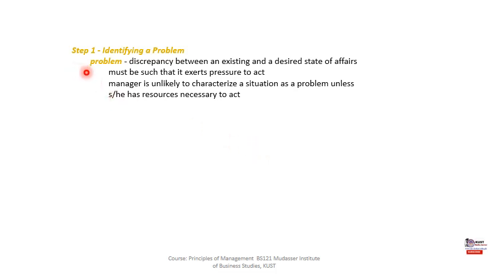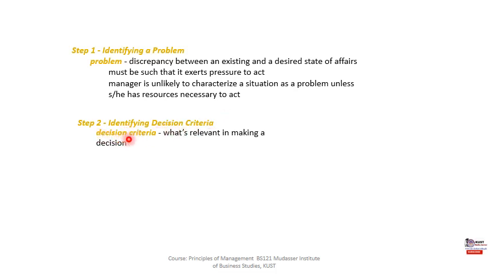In order to act on a problem, the problem must be big enough to have a huge impact on the company. A manager is unlikely to characterize a situation as a problem unless he or she has the resources necessary to act. The second step of the decision making process is identification of the criteria.